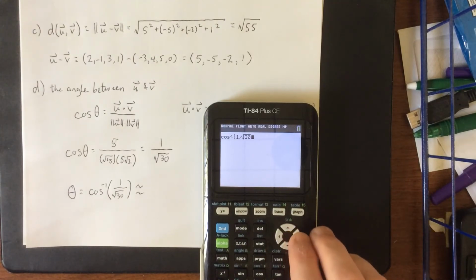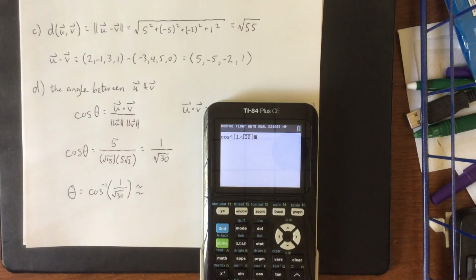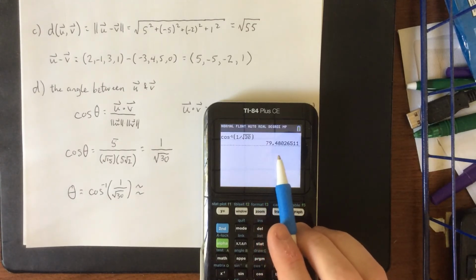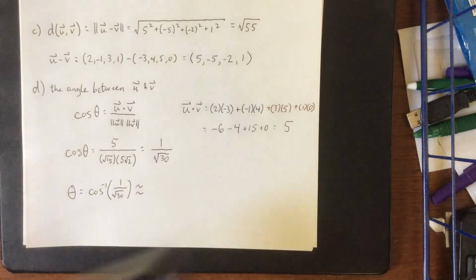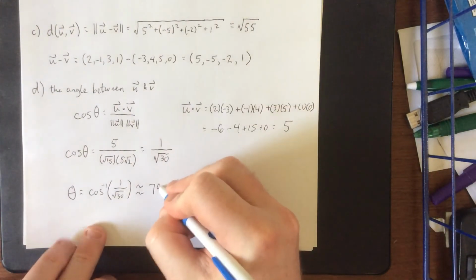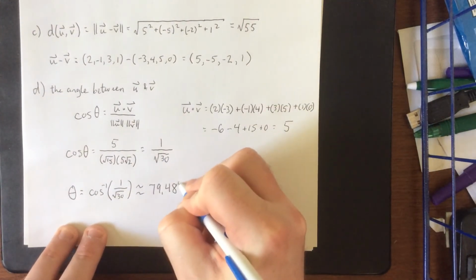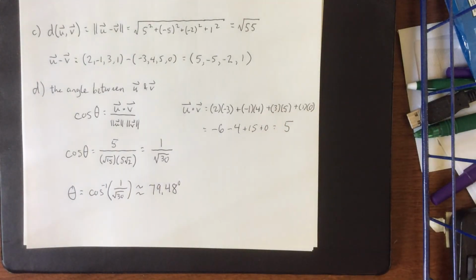There we go. And we'll get out of the radical, close the parentheses, and press enter. We do indeed see that we are dealing with an acute angle, and rounding at the second decimal place, it's looking like 79.48. So approximately 79.48 degrees. Now, of course, if you wanted to get radians, well, that's gross.